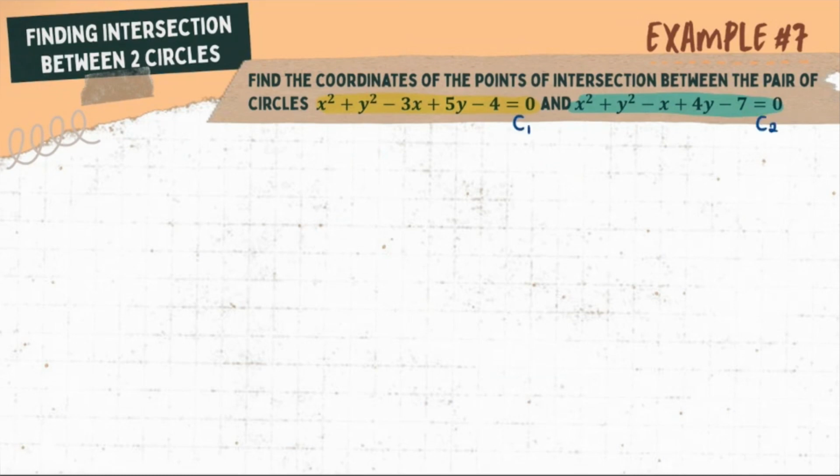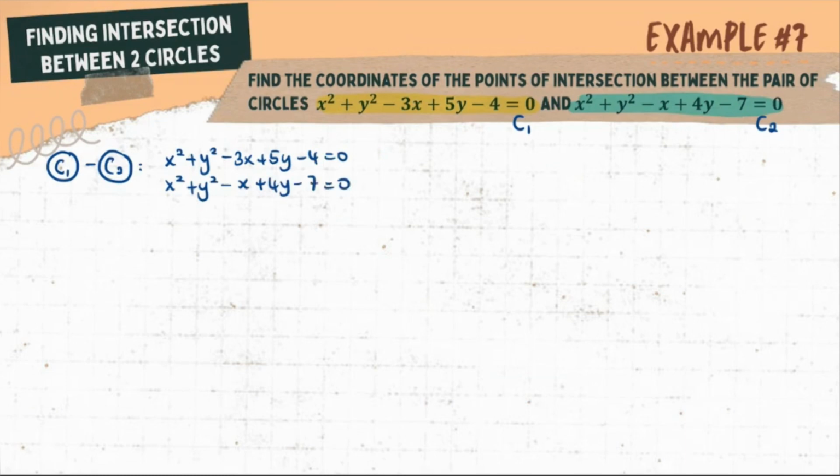So I am going to subtract C1 minus C2. Okay, so I write it: x squared plus y squared minus 3x plus 5y minus 4 equals 0, and x squared plus y squared minus x plus 4y minus 7 equals 0.